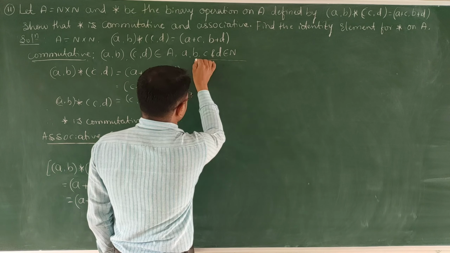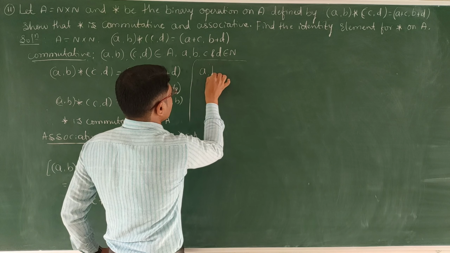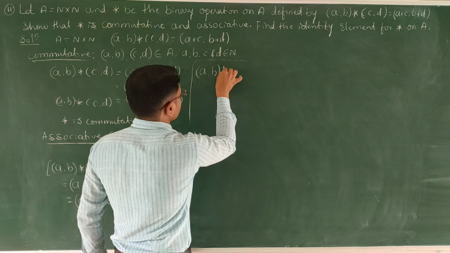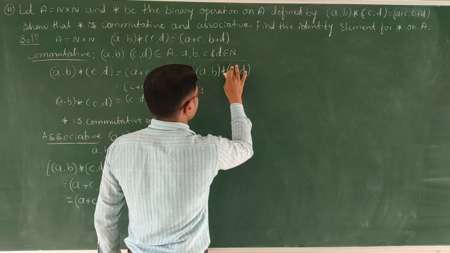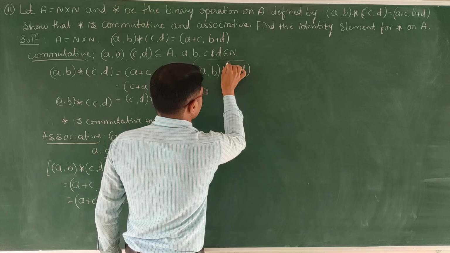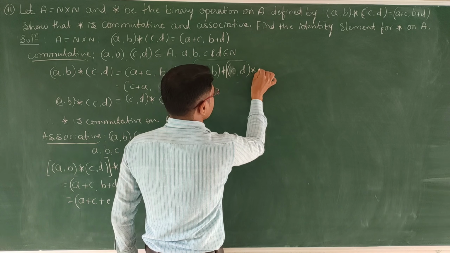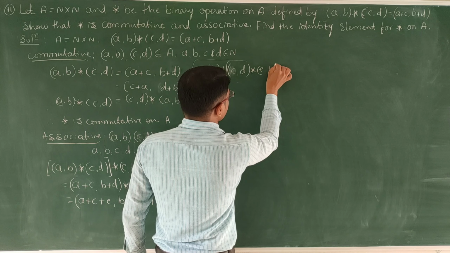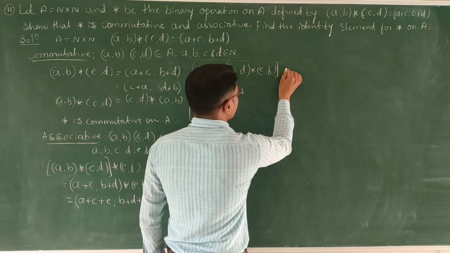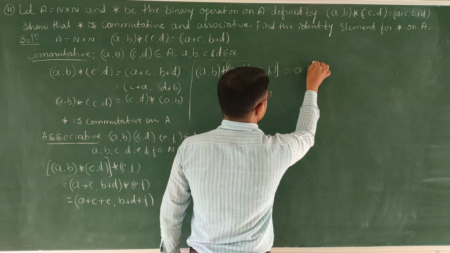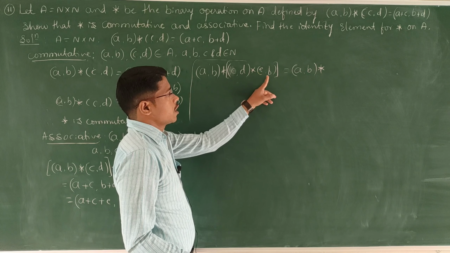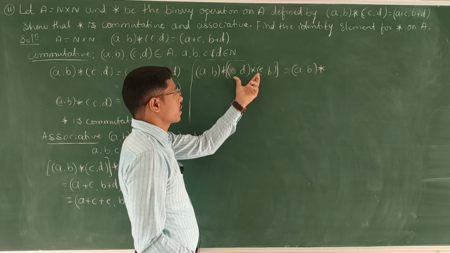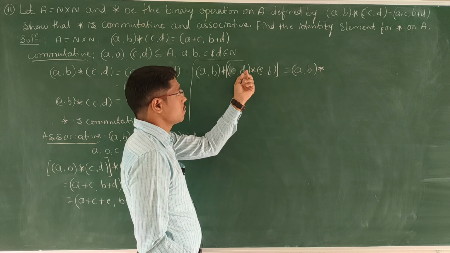Now (a, b) star ((c, d) star (e, f)). This is equal to (a, b) as it is, star (c, d) star (e, f). First solve this bracket: (c plus e, d plus f).